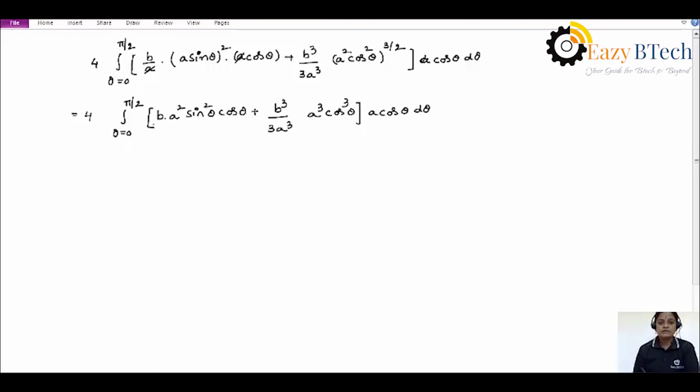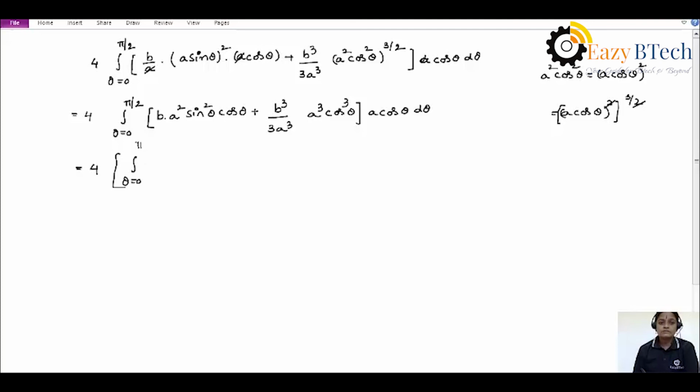So how you will get a cubed here, students: a square cos square theta is nothing but a cos theta whole square, and whole power 3 by 2 is there, then 2 will be cancelled. The final answer is a cos theta whole cubed, that is a cubed cos cubed theta.